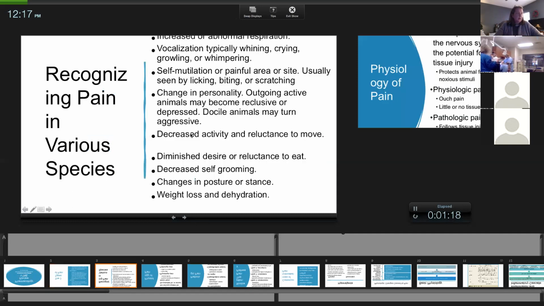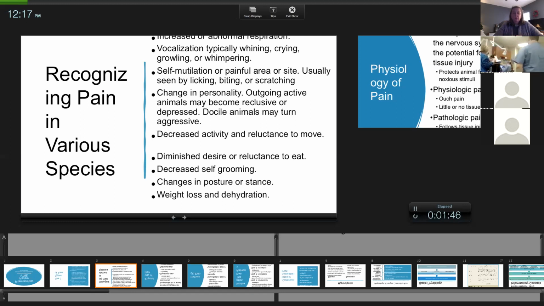Sometimes it's hard. And again, you should be able to know the clinical signs of pain. Sometimes a change in respiratory pattern, breathing more often, vocalizing, whimpering. Sometimes they can bite at an area. Sometimes you'll see them turn around and maybe they're biting towards their hip or biting towards an area on the leg.